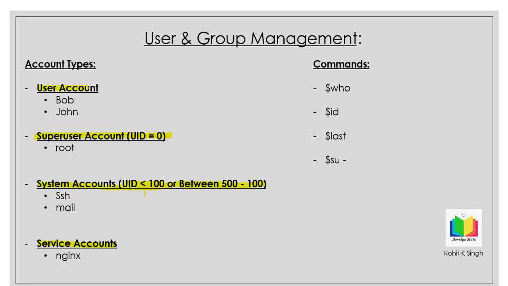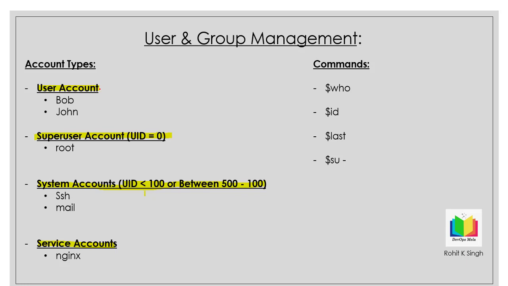And the third and very important user category is the user account. The user account provides you interactive access to the system. Using this account, you can create a user called Bob, John, XYZ and give him permissions, and using this account you'll be able to access things on the Linux machine.